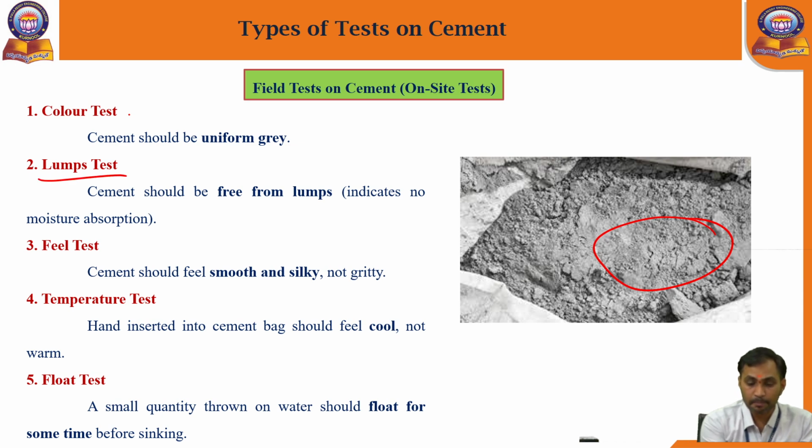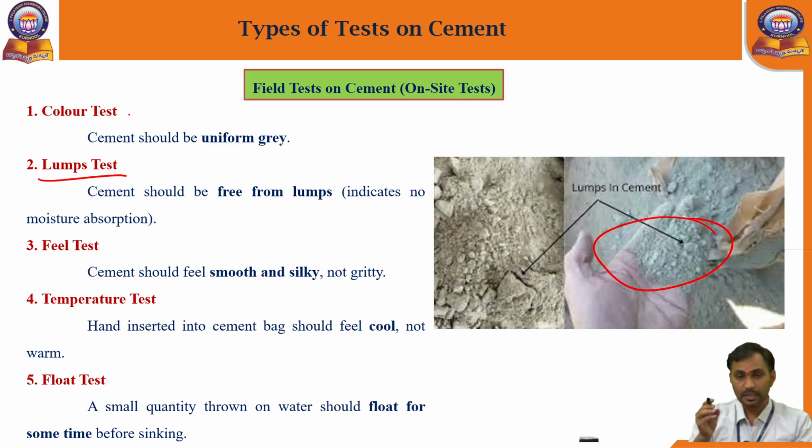Next, lumps test. Lumps test means cement should be free from lumps. How will we check? Just put our hand into the cement and collect some cement. In that cement powder, check whether any lumps have formed. These are the lumps.